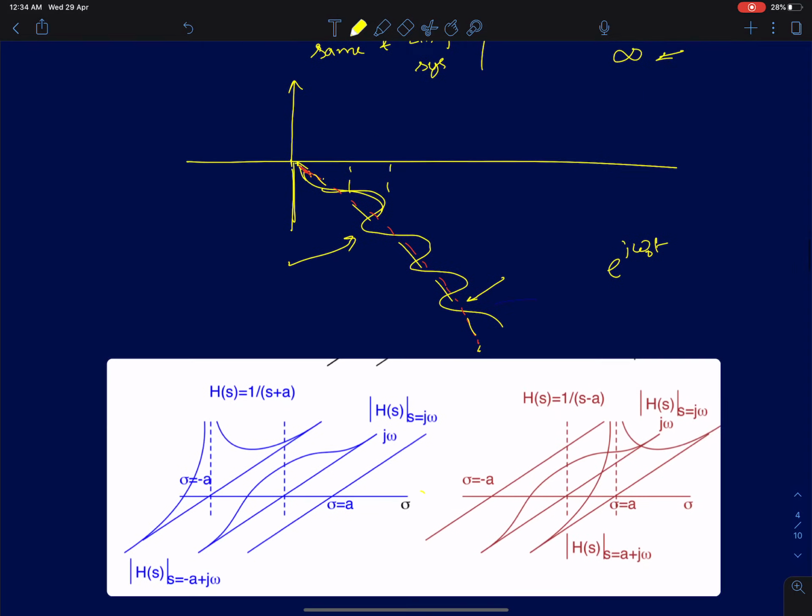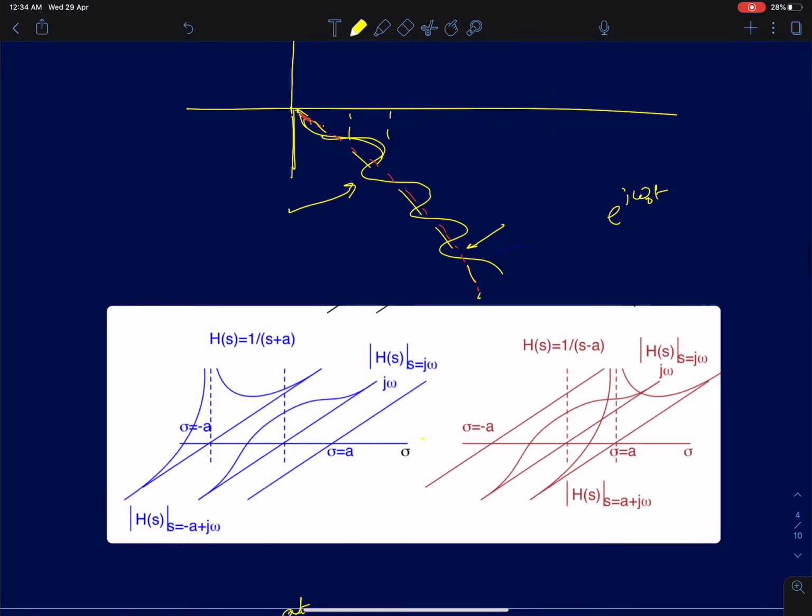So what we have discussed so far is systems with a left of plane and a right of plane pole, and we said that ideally we were expecting similar responses if I feed a sine wave to both these systems. But we just saw that for the right of plane pole system, the natural response is going to make the output grow unbounded.